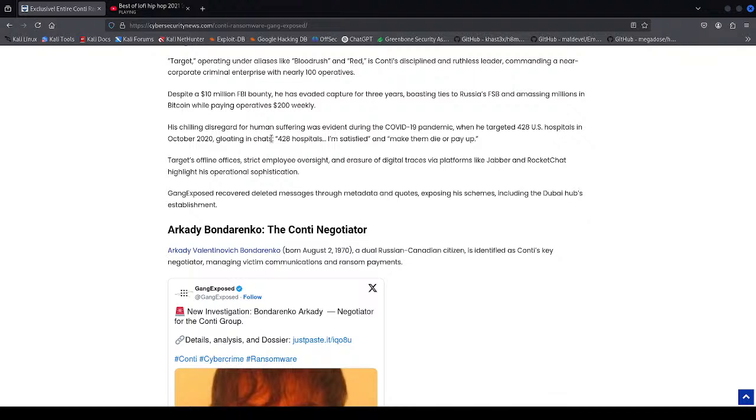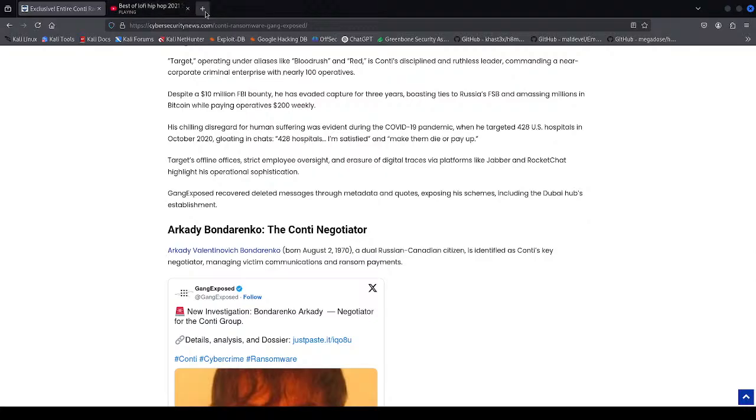Targets offline offices, strict employee oversight, and erasure of digital traces via platforms like Jabber and Rocket Chat highlights his operational sophistication. Let's Google. I want to know what Jabber and Rocket Chat is.